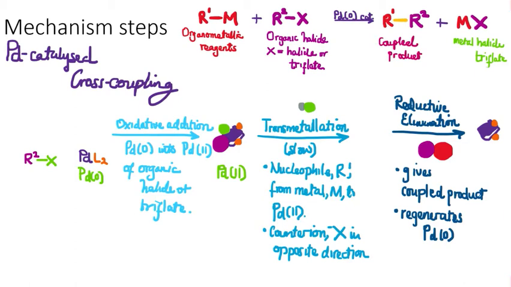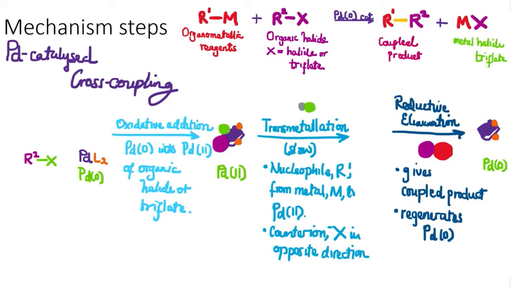So these are the key 3 steps that are required to generate a coupled product, which is, don't forget, the formation of a new sigma bond between our two R groups. This does not require any form of beta hydride elimination, nothing involving carbon metallation.